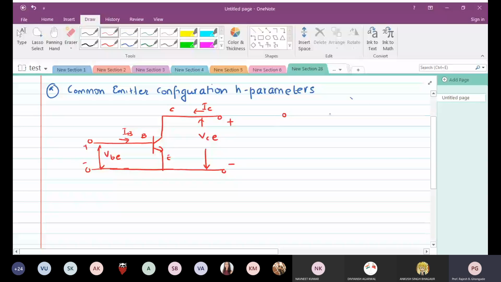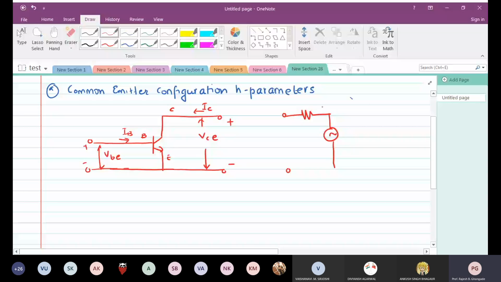The H parameter. Excuse me, sir. Yes. Sir, the output VCE, at the output terminal it is minus and plus, right? Inverted. One minute. When we are talking about the H parameters and the two-port network, if you remember, we had taken V1, I1, V2 and I2, and we had taken I2 as going into the network.